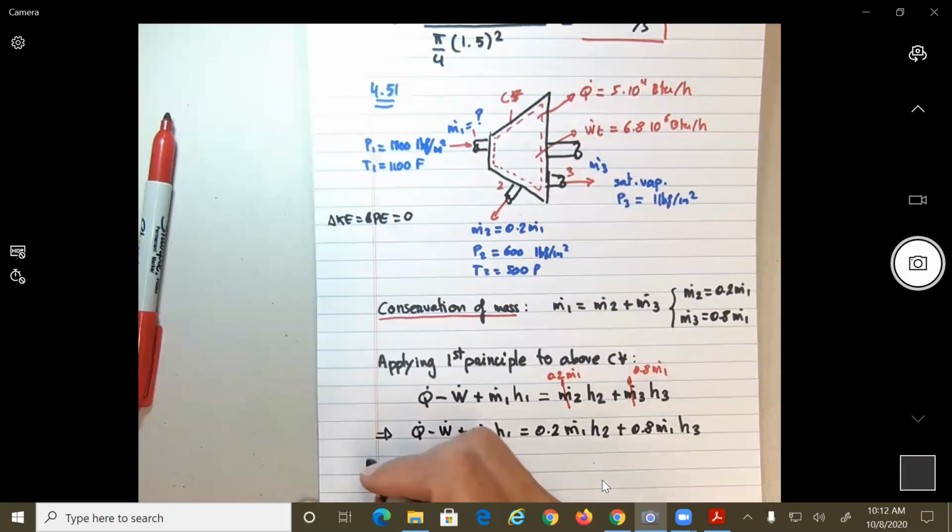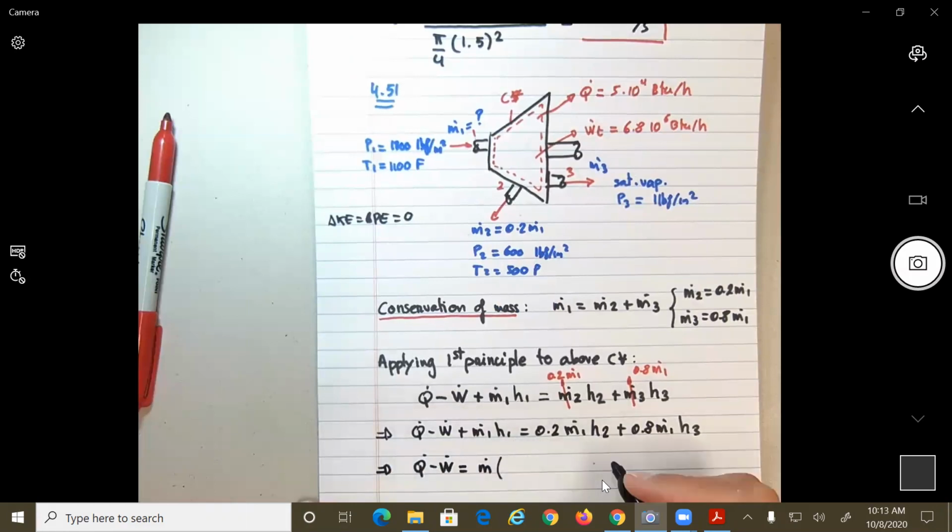Okay, if you want, let's do some algebra. It should be equal to Q dot minus power. Now let's say we factor by M dot 1. We're going to have 0.2 H2 plus 0.8 H3 minus H1. So now we need to solve for the mass flow 1. So we just solve.